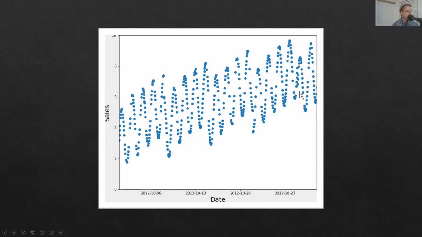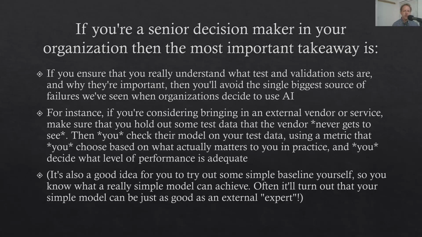And this is what happens in pretty much all Kaggle competitions that involve time, for instance, the thing that you have to predict is the next 2 weeks or so after the last data point that they give you. And this is what you should do also for your test set. So again, if you've got vendors that you're looking at, you should say to them, okay, after you're all done modeling, we're going to check your model against data that is 1 week later than you've ever seen before. And you won't be able to retrain or anything, because that's what happens in practice, right?